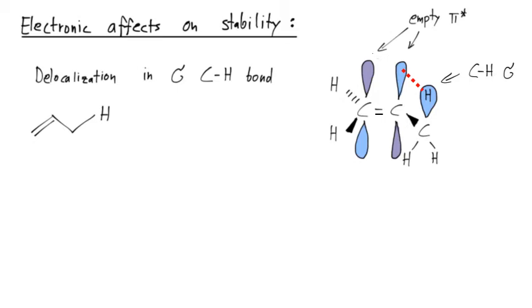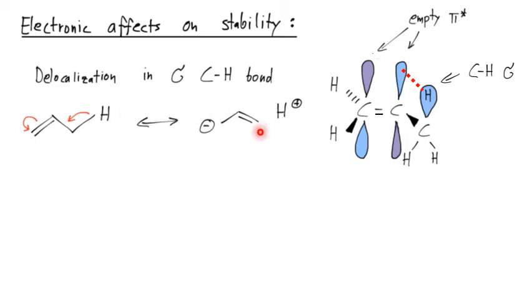And also you can have a delocalization of the CH bond here. So the pi bond can donate electron density to the end carbon here, and then the hydrogen can donate electron density to the middle sigma C bond here, and that can cause the hydrogen to actually split off as a proton, making the end group here negatively charged.